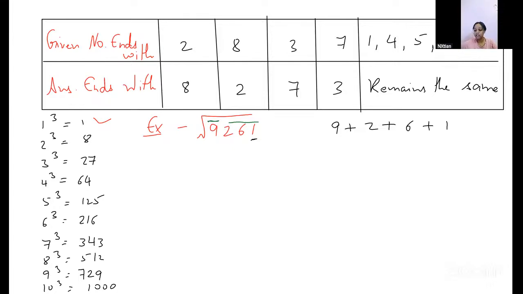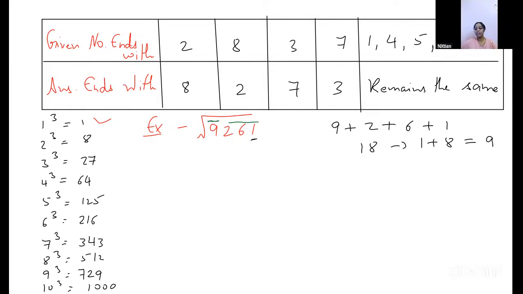Add them up. 9 plus 2, 11, plus 1, 12, plus 6, 18. 18. Then add the digits. Ma'am, it is 9. It's a square root even. Yes, it's a square root even.